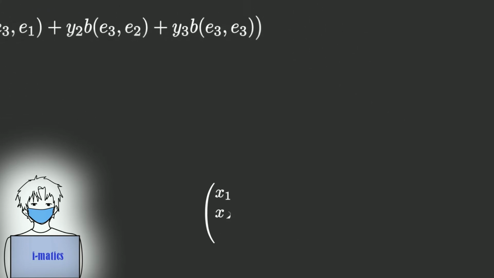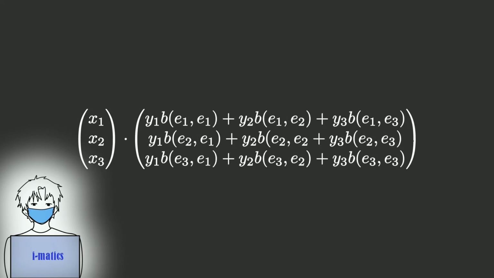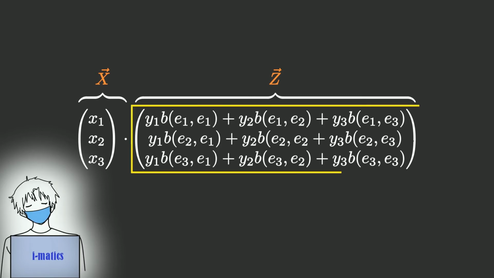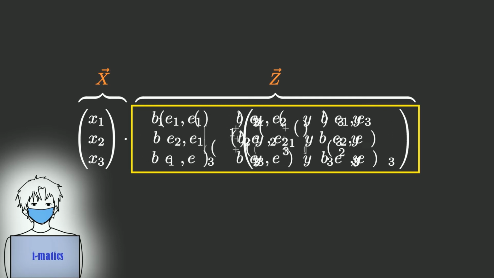Let's call the first one x and the second z. Here, if you look closely at the components of z, you can see clearly the matrix transformation of y.